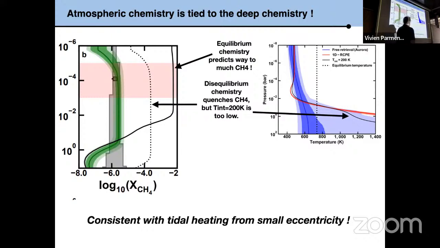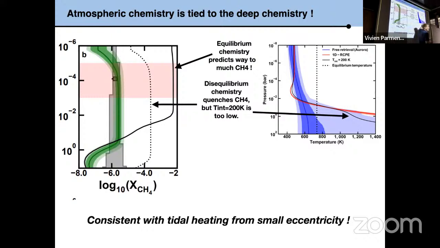The idea is that if you have a temperature profile like the black one here that gets very hot in the interior, then you get out of the CH4. CH4 likes it cold. That's why we have it on Saturn, on Jupiter, but not on hot Jupiters. So if you get very hot in the deep layers, then you go towards a place where CH4 is not present, or strong, in chemical equilibrium.